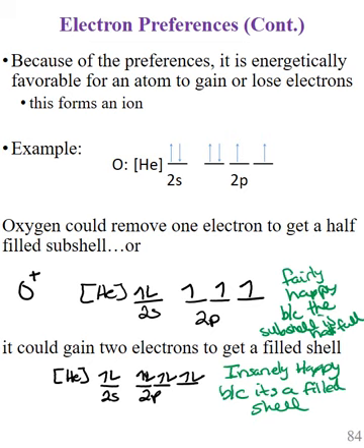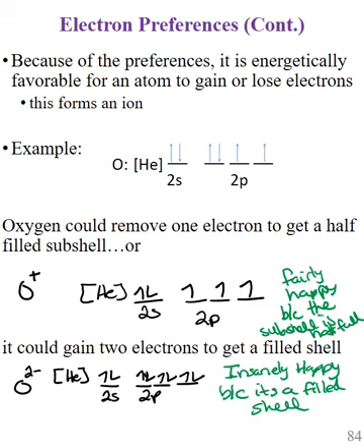Now oxygen, in this case, is it going to be a cation or an anion? It's going to be an anion because you're gaining negative charges. And you're gaining an extra 2, so this is going to be a negative 2 charge, or 2 minus.